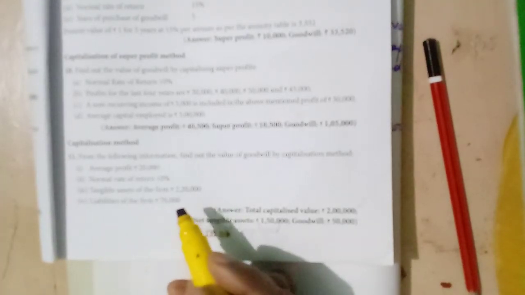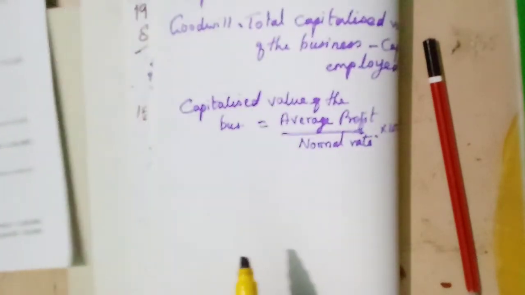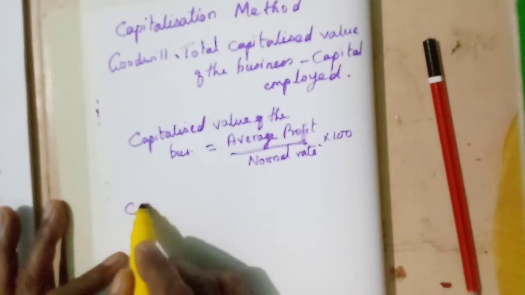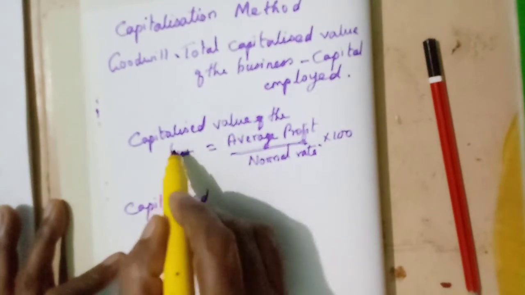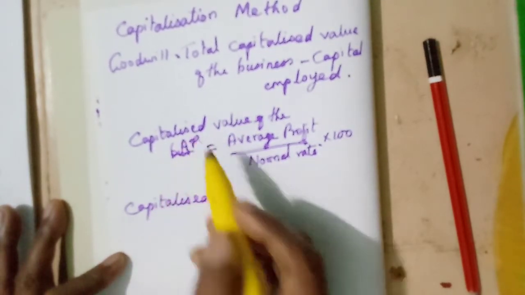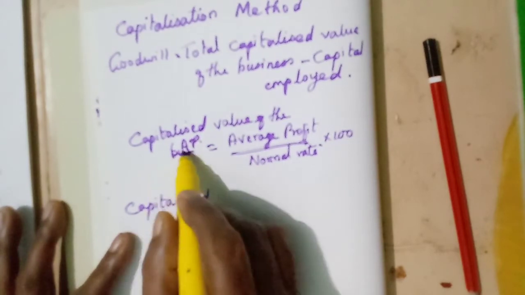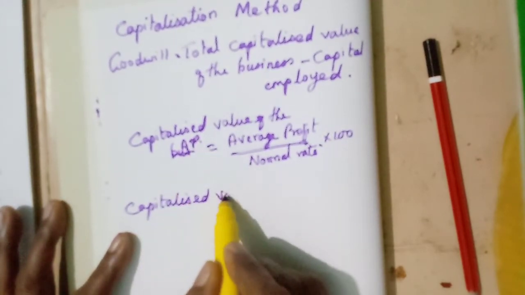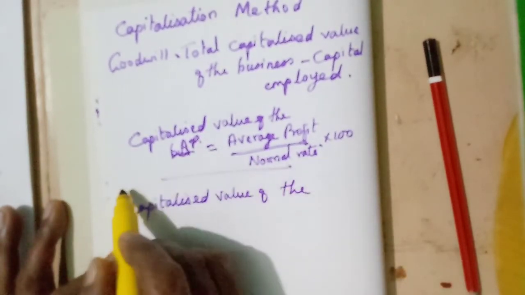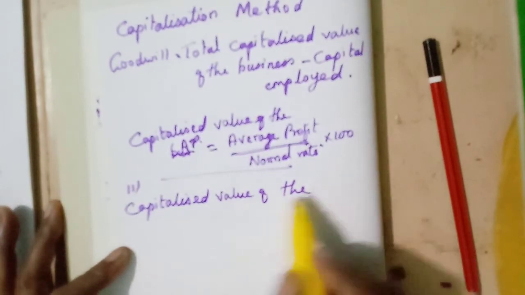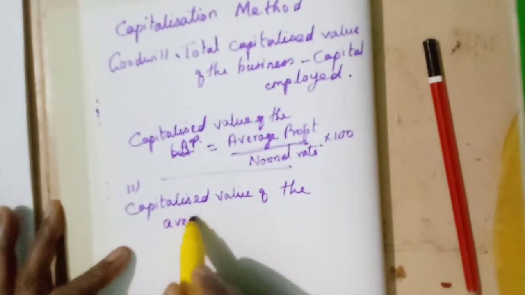Okay, so first we have to calculate the capitalized value of the average profit. Capitalized value of the business, not super profit, only average profit here, otherwise we will forget.